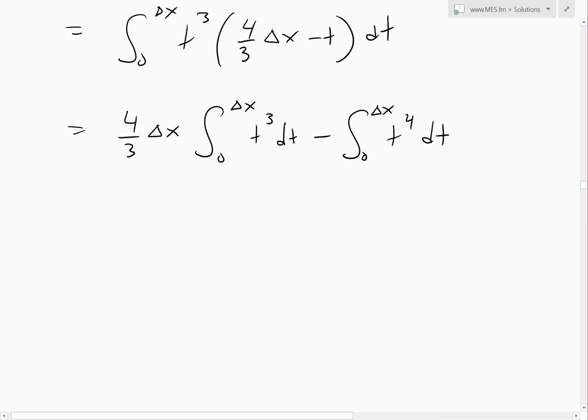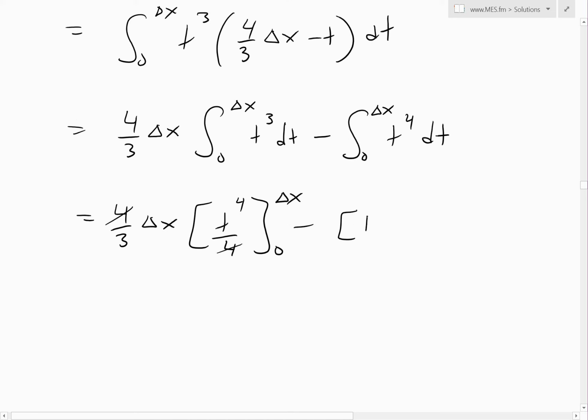So now we could just evaluate this integral. So this over 3 delta x, this is going to be t^4 over 4, from 0 to delta x. Again, this 4 can cancel this 4. Minus, this is going to be t^5 over 5, from 0 to delta x.